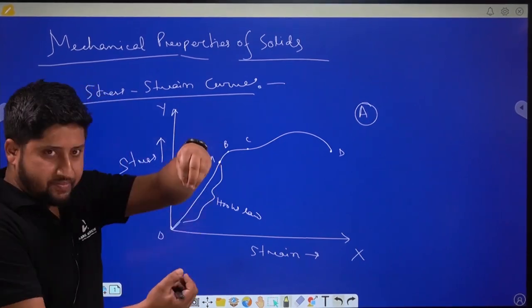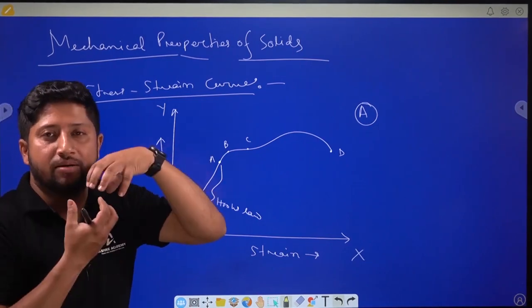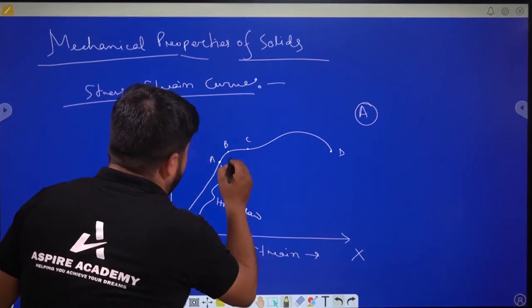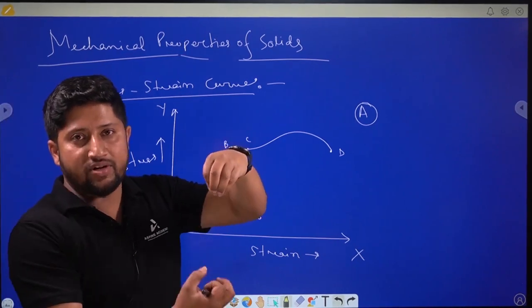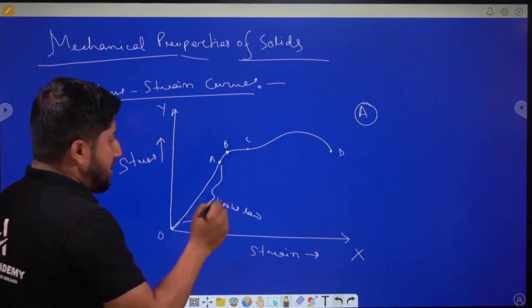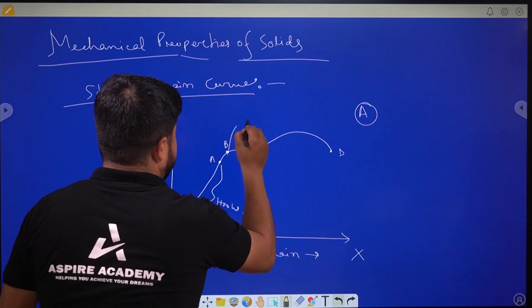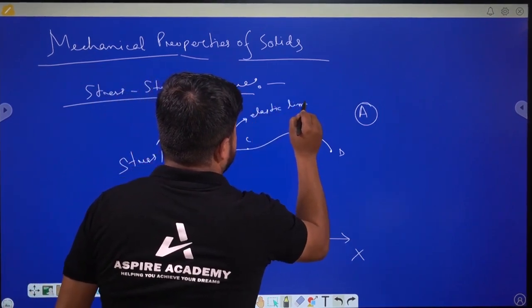Earlier we discussed what a perfectly elastic body and a perfectly plastic body are. At point B, after increasing the force, the wire reaches the elastic limit. This is called the elastic limit.